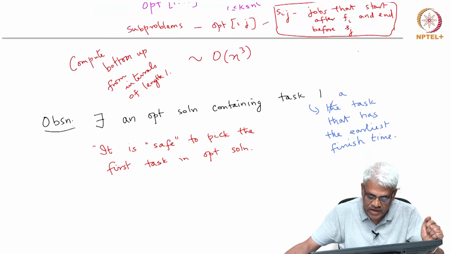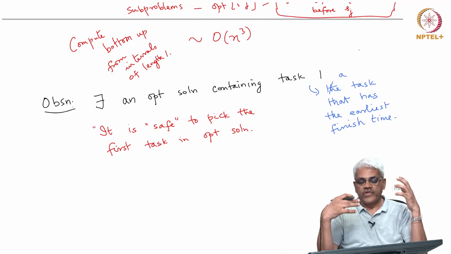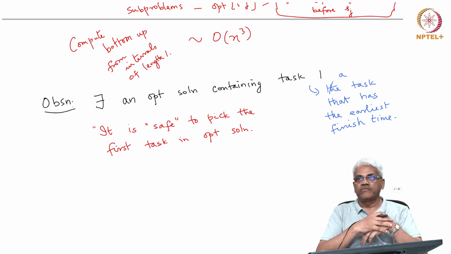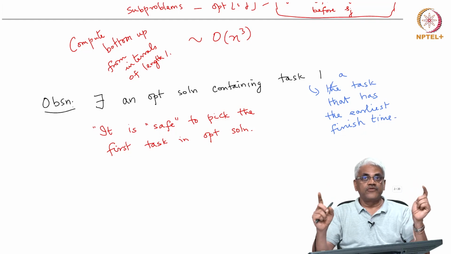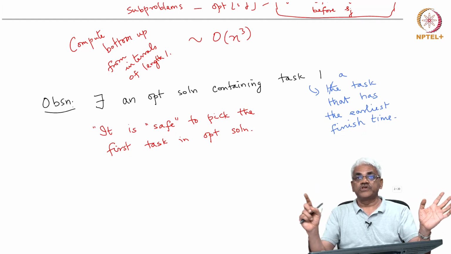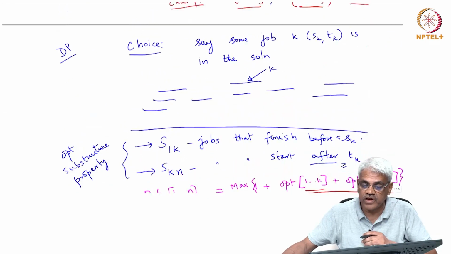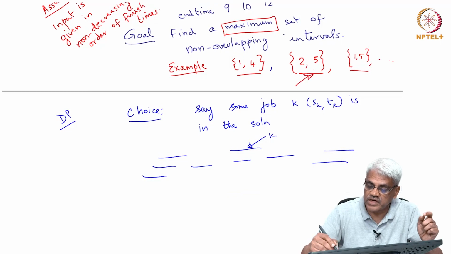What does that mean? It means that there exists an optimum solution that contains task 1. Okay, I can prove it. This is different from saying that every optimum solution contains task 1. That's really not true. Here is an example of an optimum solution that does not contain task 1.